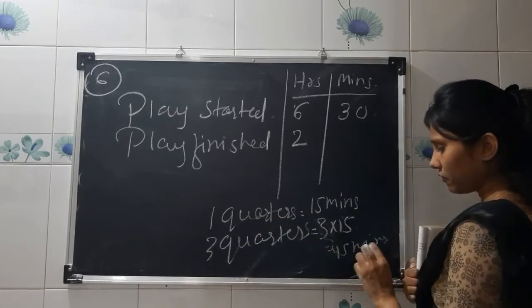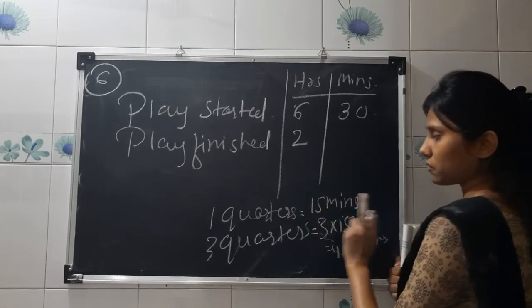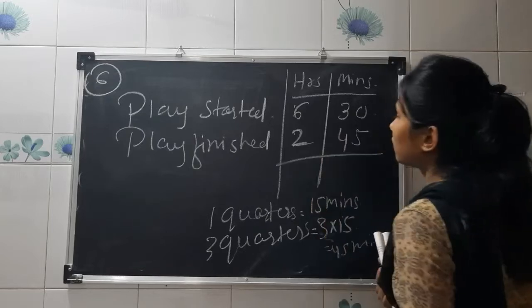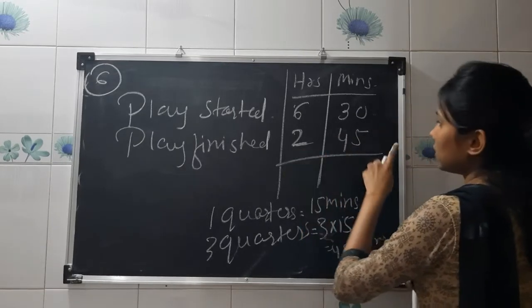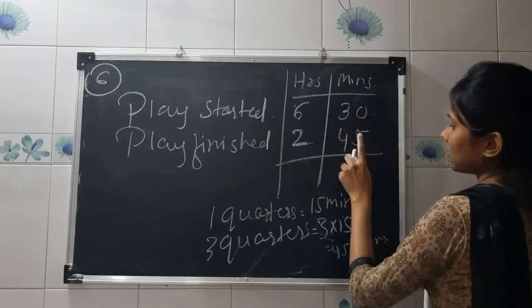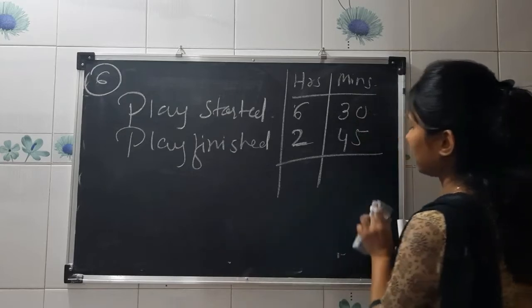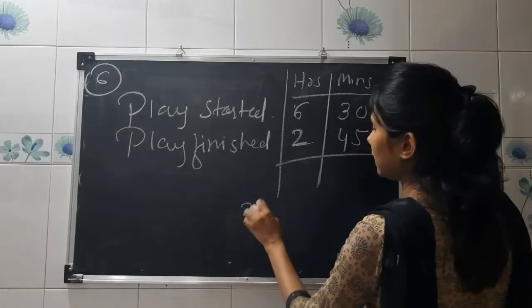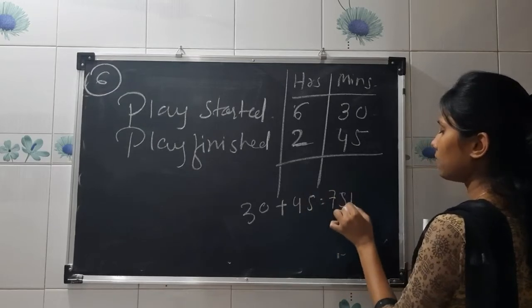3 multiplied by 15, 45 minutes. So 3/4 means 45 minutes. We have to find the time at which the play finished, so we have to add this. So 30 minutes plus 45 minutes, 75 minutes.